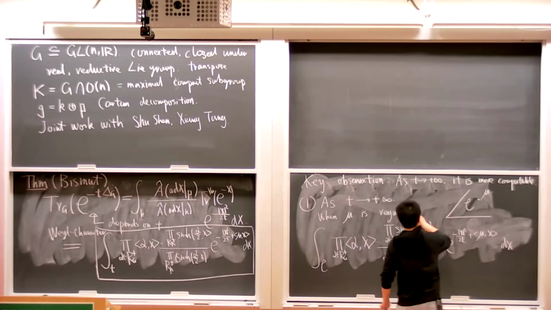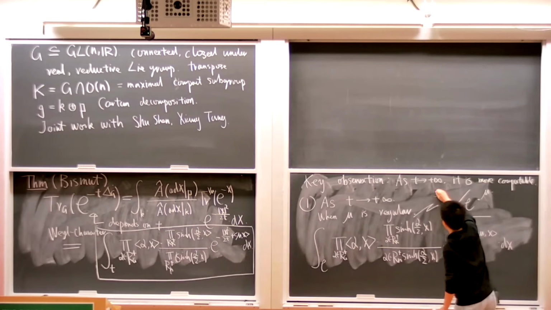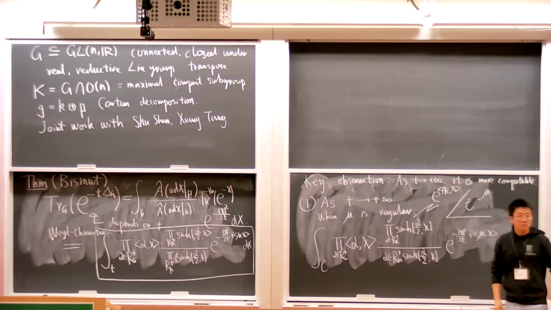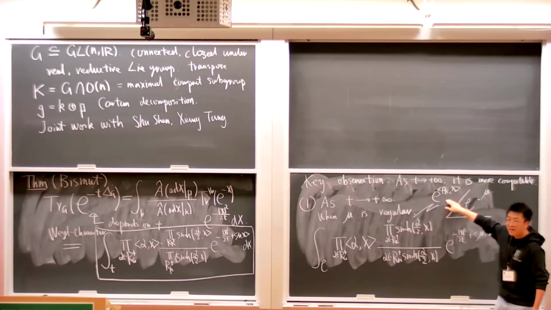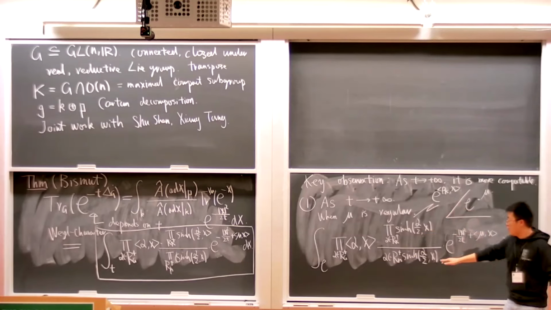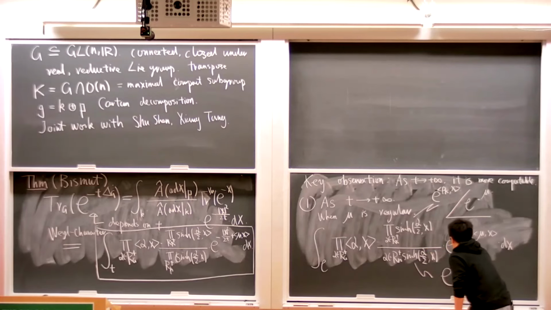If you sit inside this Weyl chamber as t goes to infinity, one thing you can simplify is that you can replace this one by e to the rho k of x, because it is just asymptotic. So the behavior of this one is more or less like this one. And for the numerator term, this one is just e to the rho n of x. Rho n is the half sum of the positive non-compact roots. Rho k is the half sum of the positive compact roots.